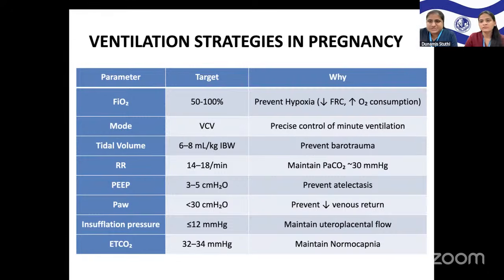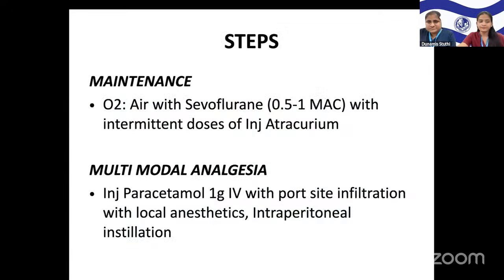If it is more than 12 mmHg, I'll ask the surgeon to reduce the insufflation pressures, and also ensure there is adequate fresh gas flow, proper circuit functioning and no rebreathing. If all these parameters are normal and there are still high pressures, then I'll go for pressure control ventilation, as it decreases the compliance.